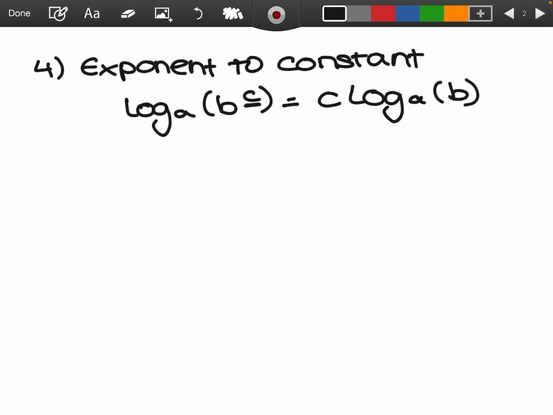So I can bring that power down out of the power to the front of my logarithm. This is very, very useful both ways around, okay? It can help us simplify logarithms, and it can also help us expand them, as we'll see in some of our examples later on.